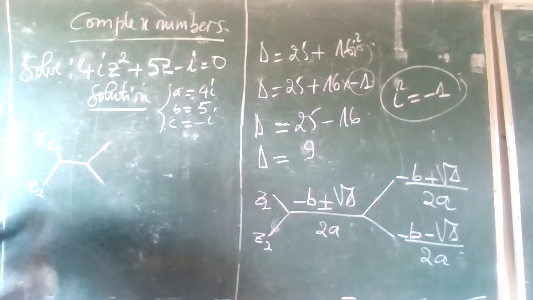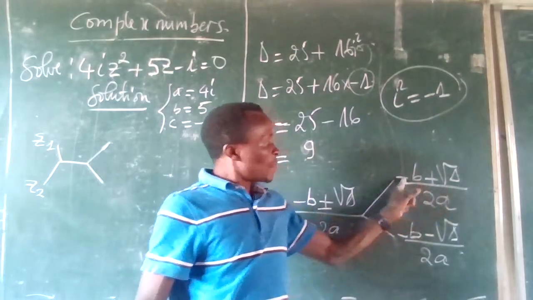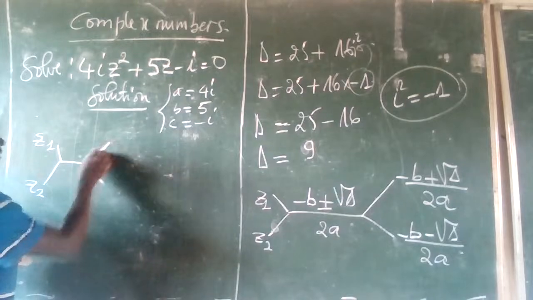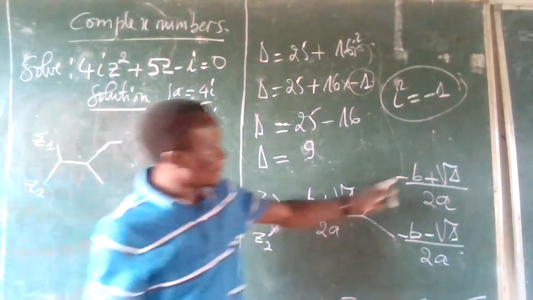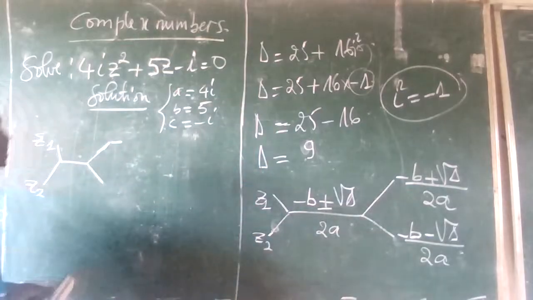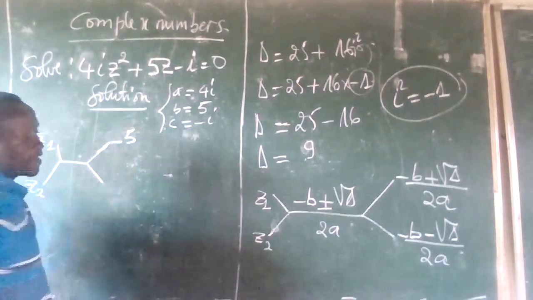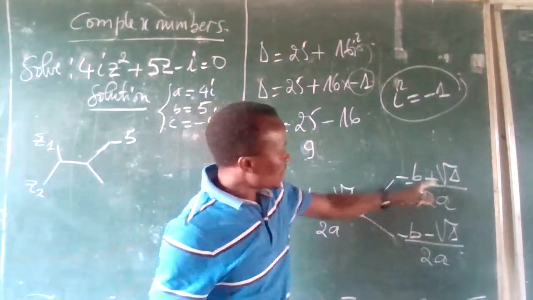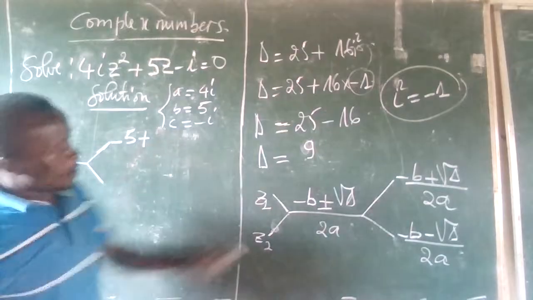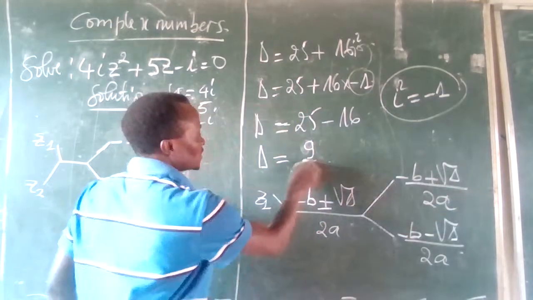Now we are going to apply this formula, right? Now, minus B. Let's write minus, this is our minus. This B is 5, minus 5, right? Now, plus root of delta. Remember, delta is equal to 9.